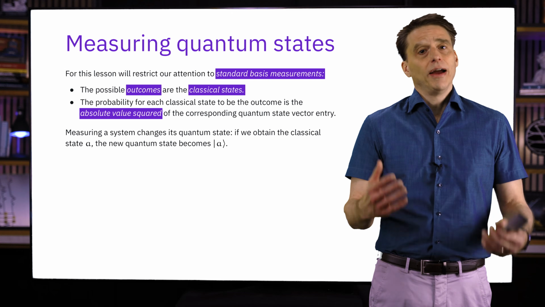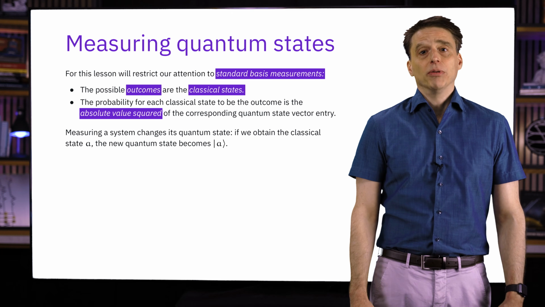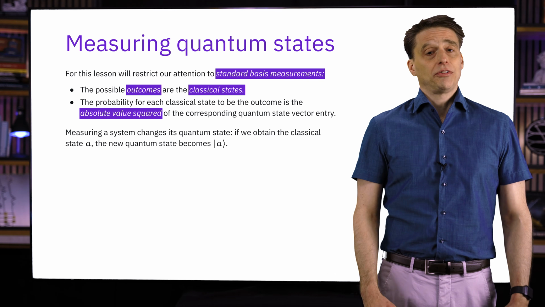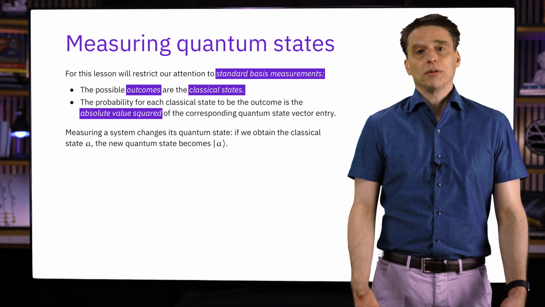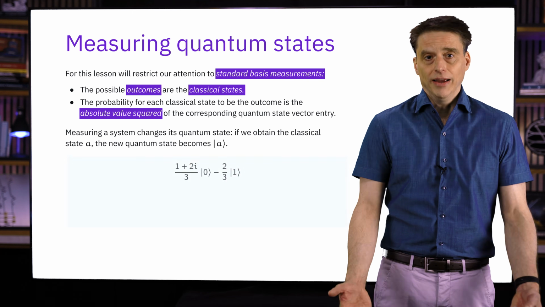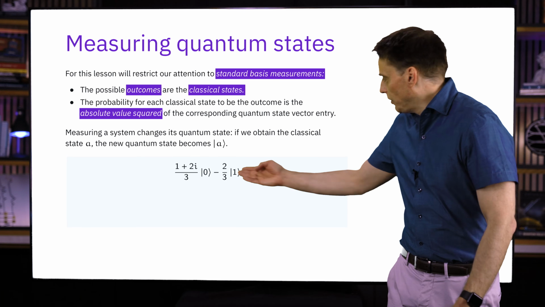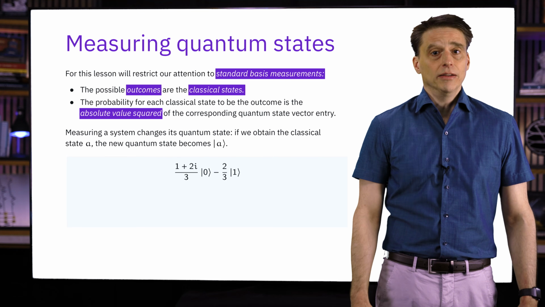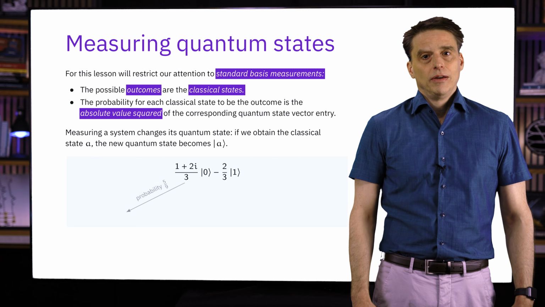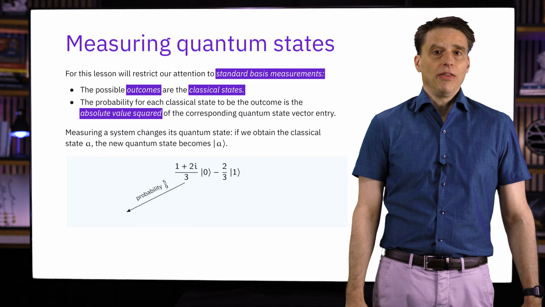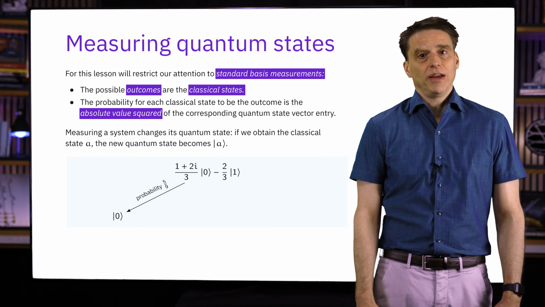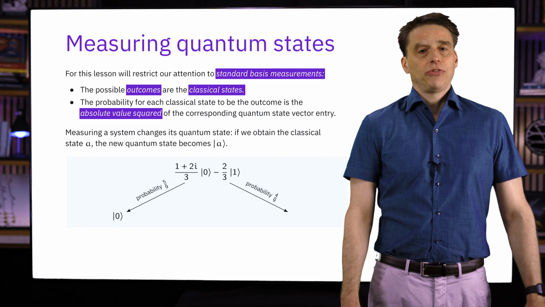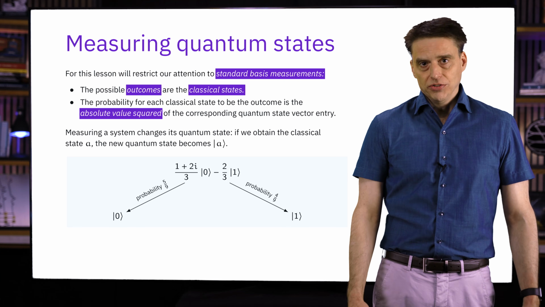In particular, if we measure a system and the outcome of the measurement is the classical state a, then the new quantum state of the system becomes ket a. So for this state right here, for instance, we see the same kind of behavior. If we measure, then with probability 5/9, we obtain the outcome 0, in which case the state transitions to ket 0. And with probability 4/9, the outcome is 1, and the state transitions to ket 1.